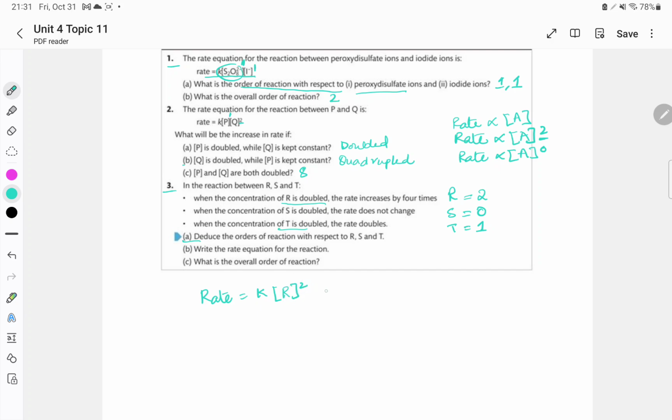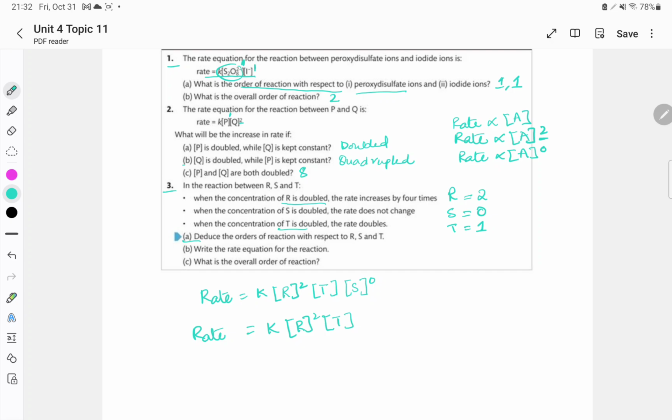And then T is a first order, so you place 1 over it, no need to write. And then S is a zero order, so if you write it or if you don't write it, it does not matter. In the next step, you're going to mention R and T only, because we're not going to mention S since it's a zero order.